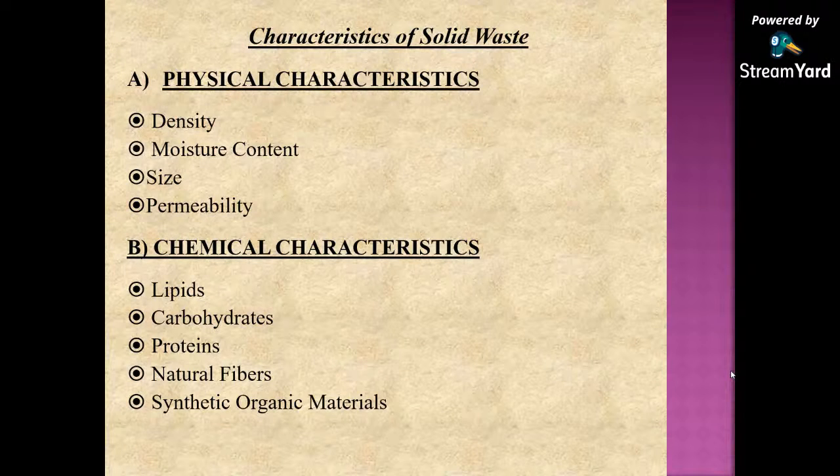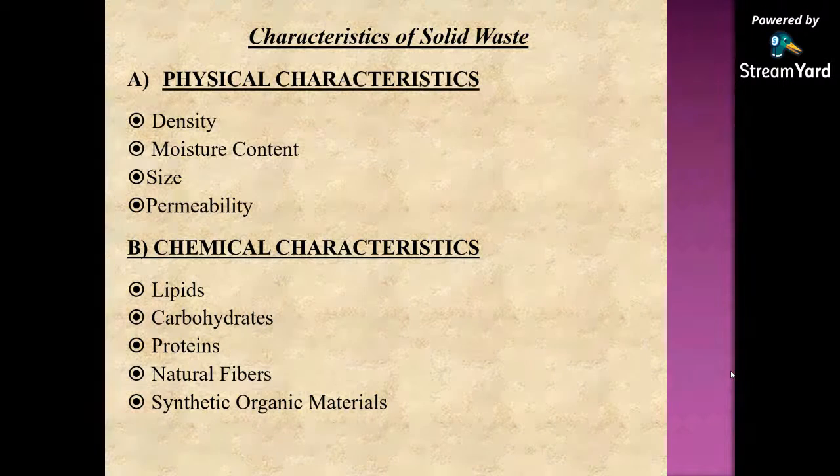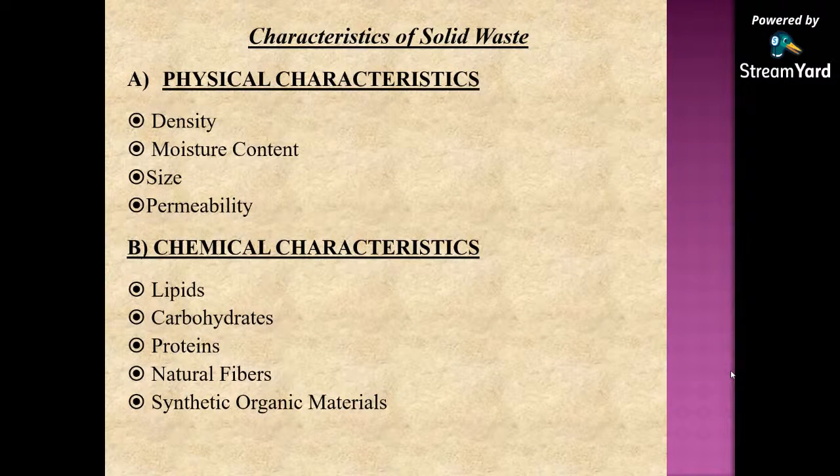Next chemical characteristic is natural fibers. These are natural products which contain cellulose or lignins. They are relatively resistant to biodegradation. These are found in paper products, food and yard waste.